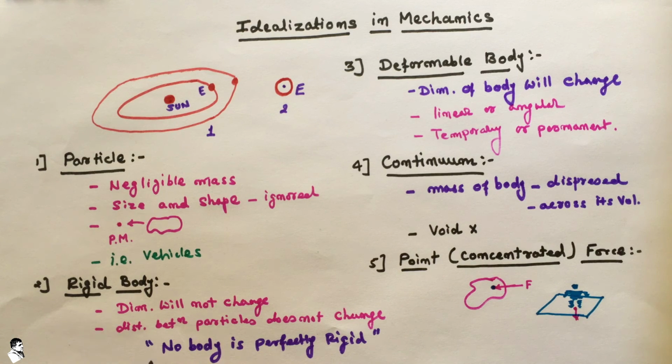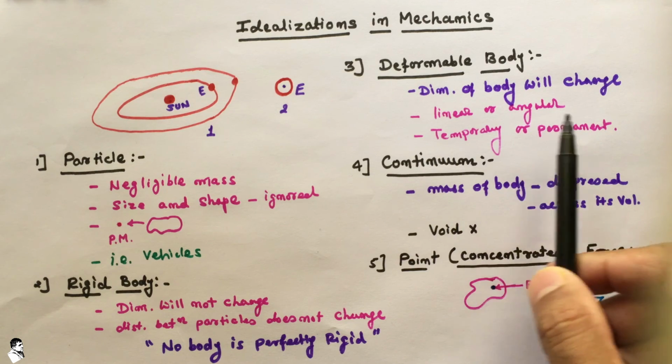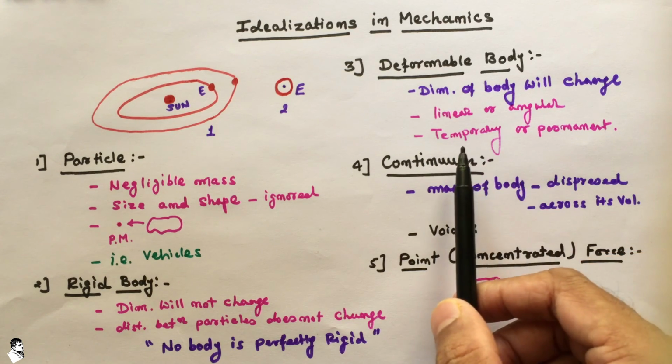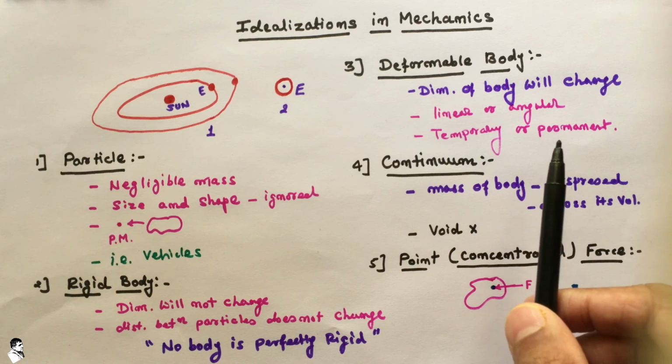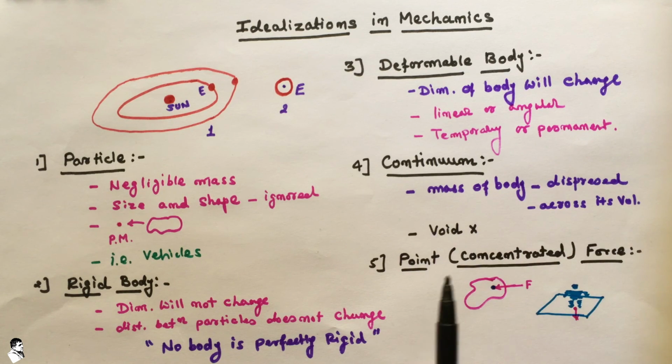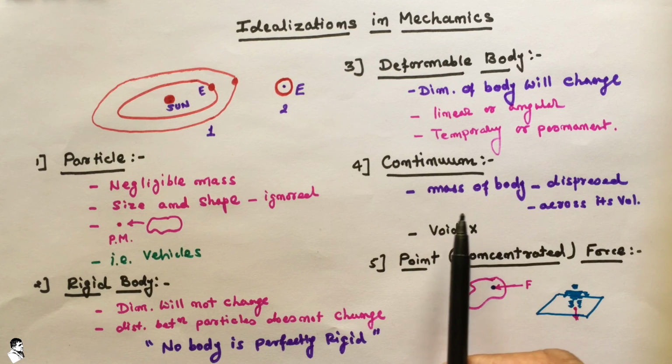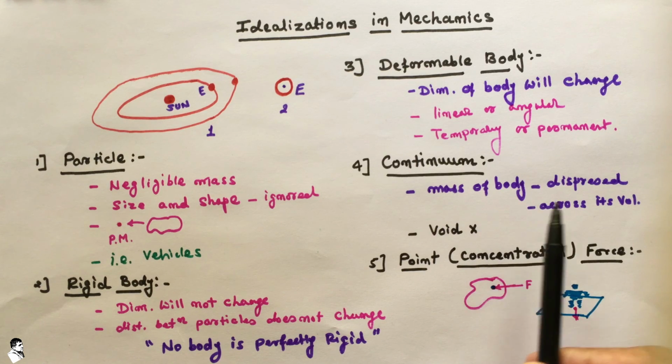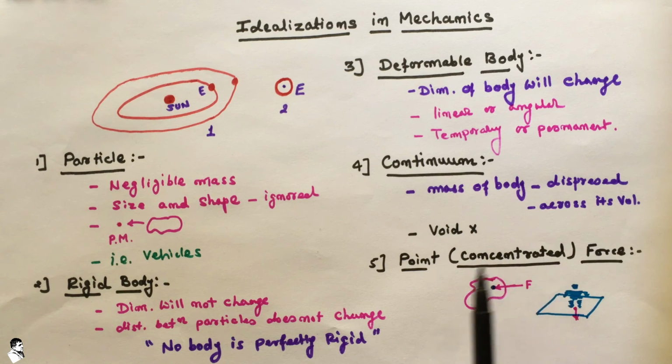In a rigid body we consider that the body will not deform under any applied action. In a deformable body we see that there will be a deformation, either temporary or permanent, in the body after the application of the force. And the continuum is nothing but a mass of the body that is dispersed across the volume, and the particles make a particular shape, with no presence of any type of void.